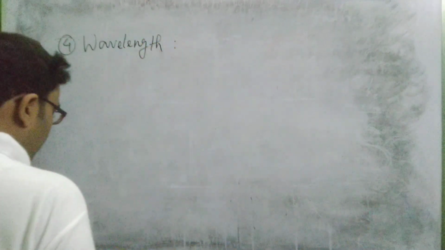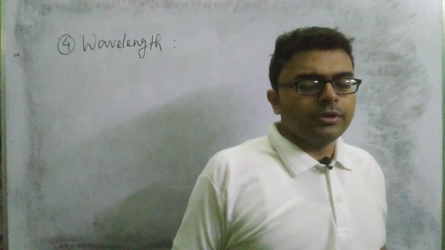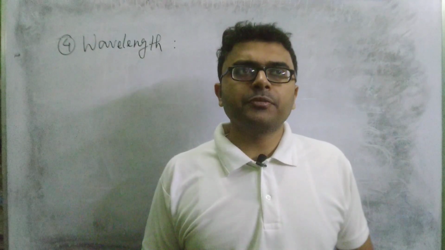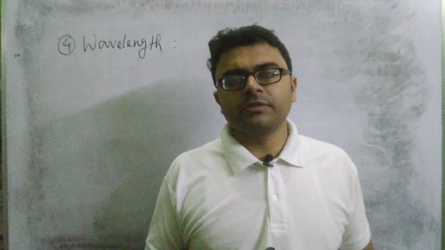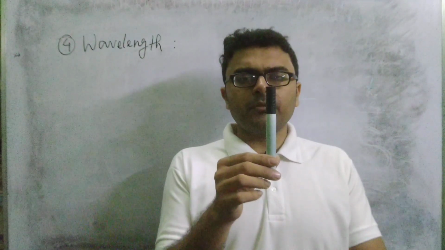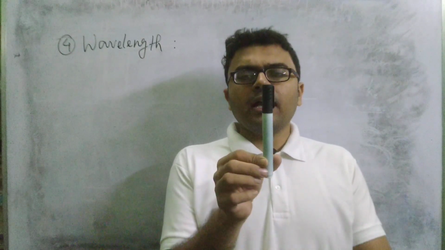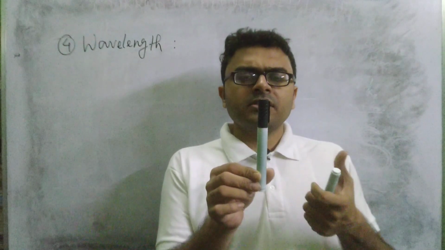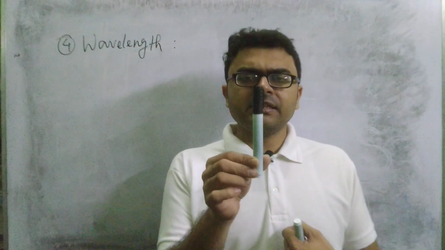Now see, when a body is vibrating, when the body is set to complete one vibration, it starts from its mean position and again comes back to its mean position. If I consider this pen vibrating to and fro, and this is the mean position of the pen, and we start the stopwatch, 0 second is the mean position.